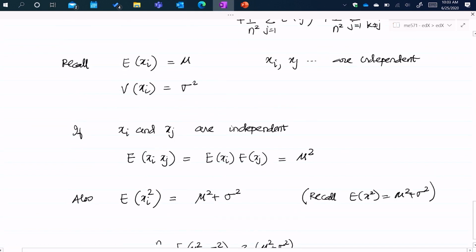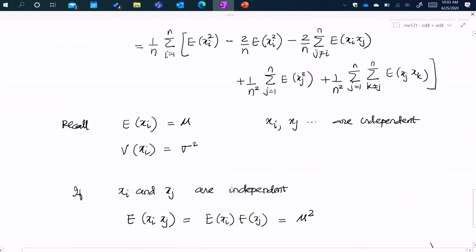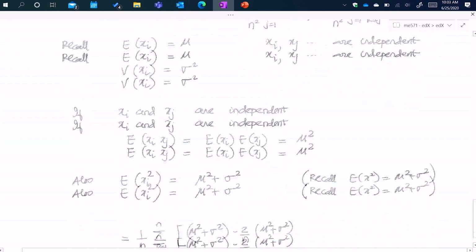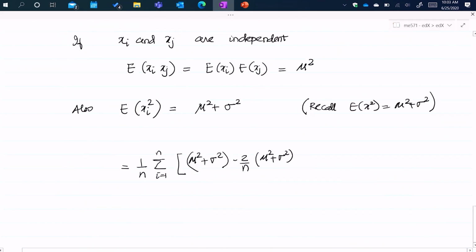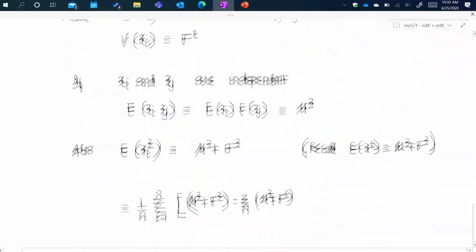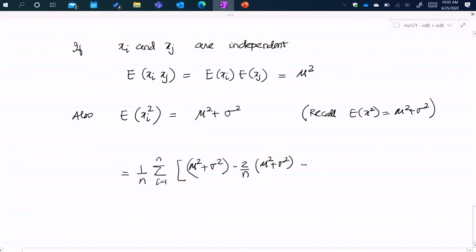The third term is minus 2 over n summation j not equal to i going up to n of the expected value of xi xj, which I can write as minus 2 over n summation j not equal to i of mu squared.